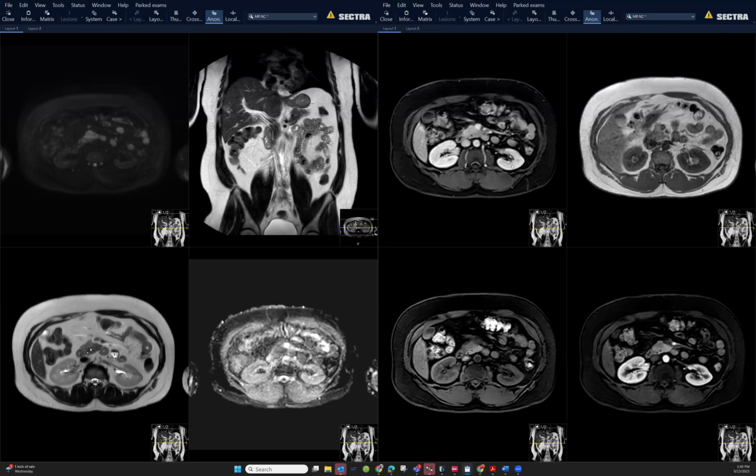But anyway, I'll tell you what they decided. This was discussed in their MDC, and whoever their pancreatic expert there is, they think this is just focal chronic pancreatitis, and basically nothing needs to be done, just 6-month follow-up.